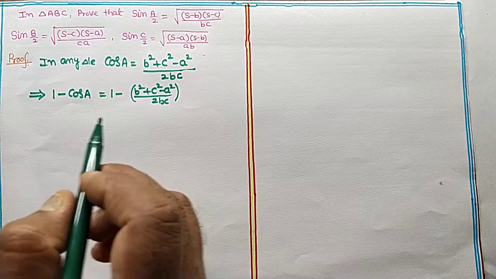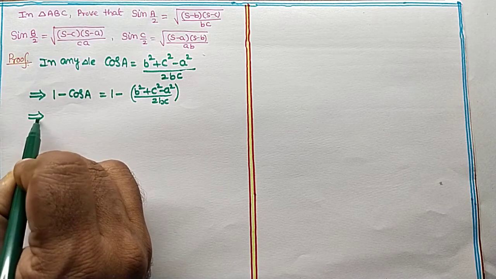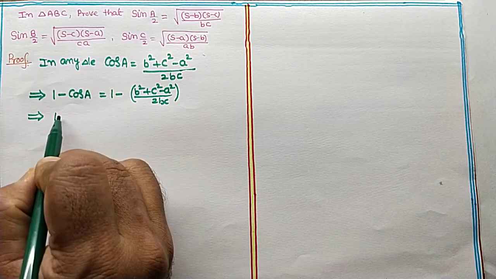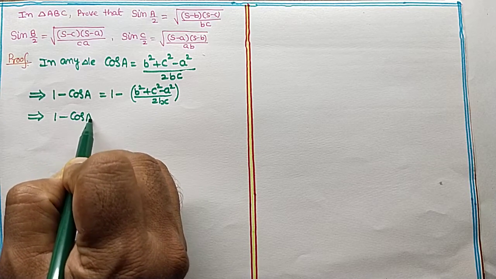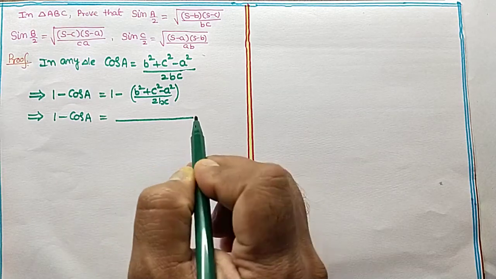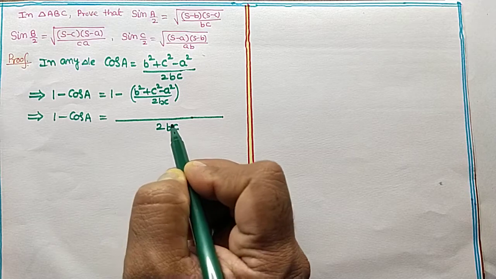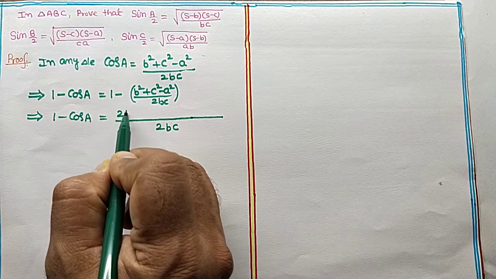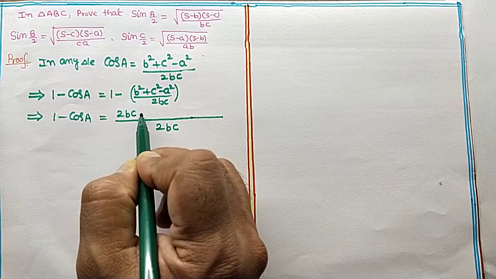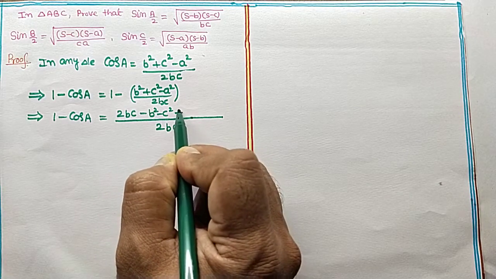After that, take the LCM. 1 minus cos A is equal to, here the LCM is 2bc. So 2bc into 1 is 2bc, after that minus b square minus c square plus a square.